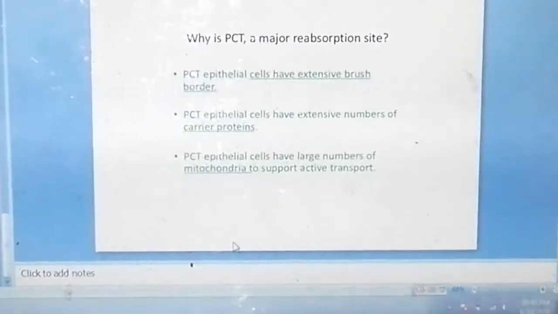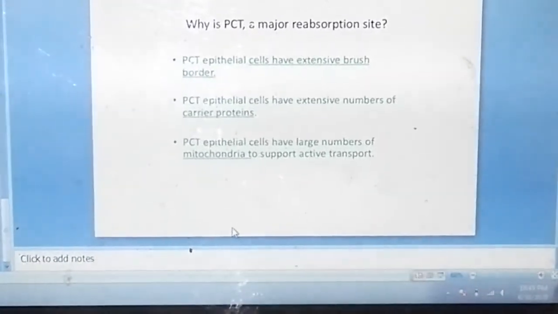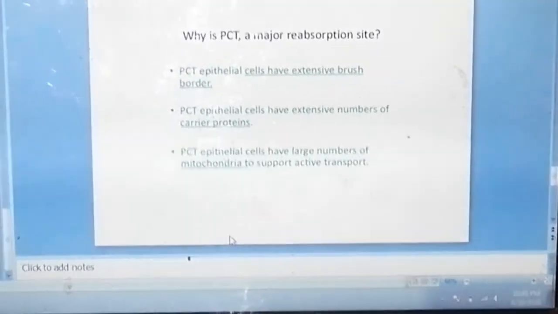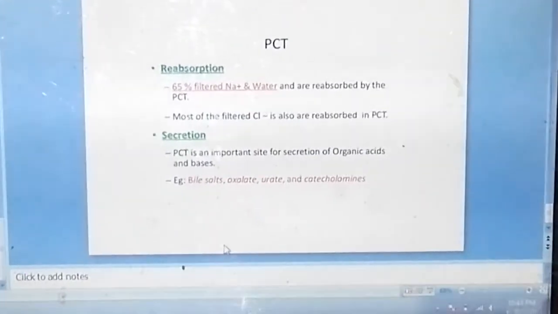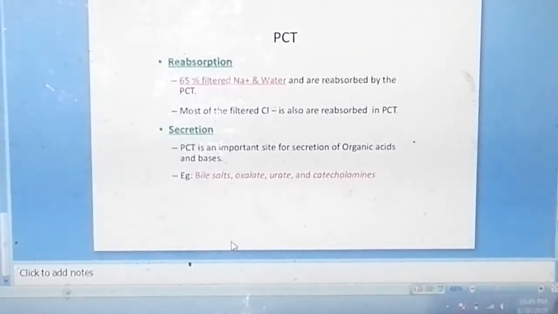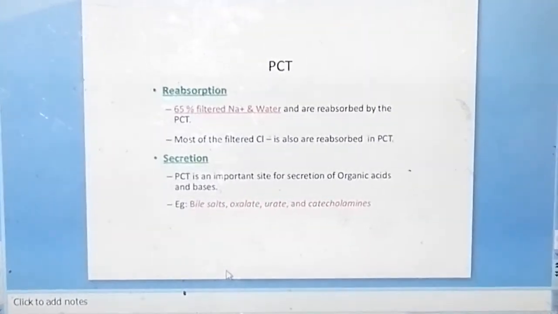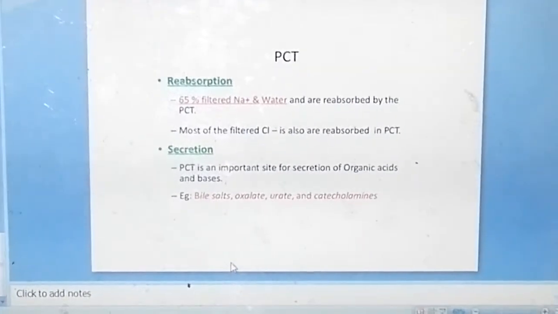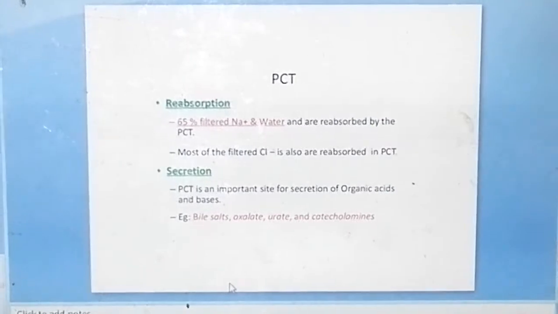What are the carriers in PCT? They are proteins, and the cells have a large number of mitochondria to support active transport. Lastly, in the reabsorption, 65% of the reabsorption occurs here, and most of the filtered chloride ions are also reabsorbed in the proximal convoluted tubule.